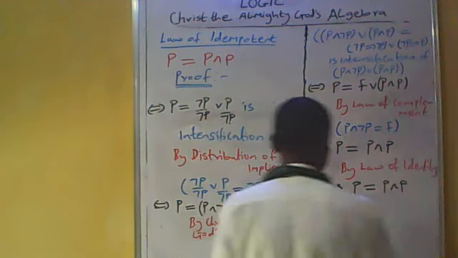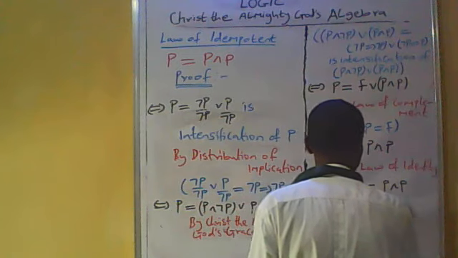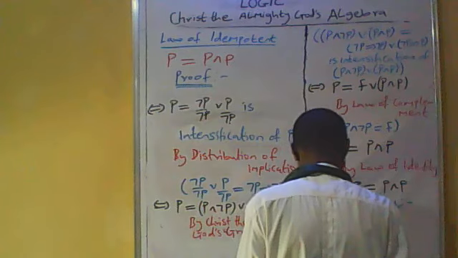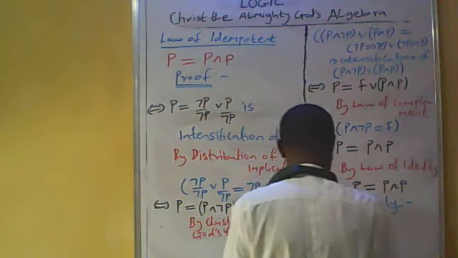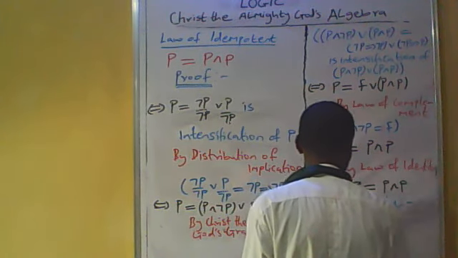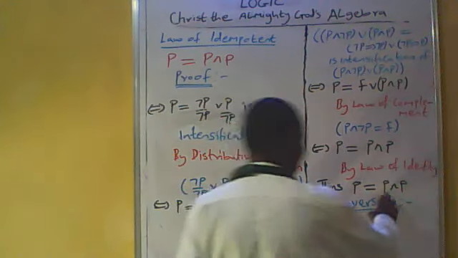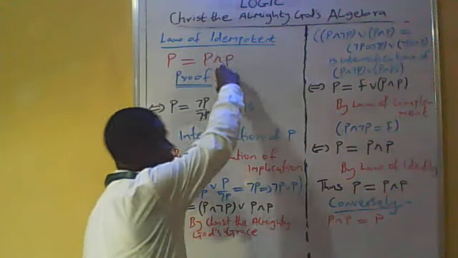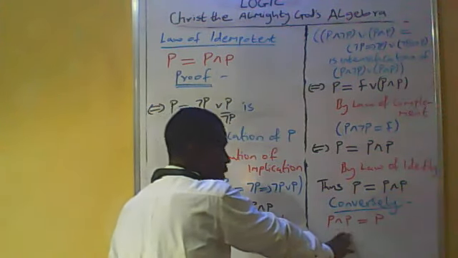So, conversely, P and P is equal to P. You have seen that this P and P at the right side of this equation has now become P and P at the left side of this equation.